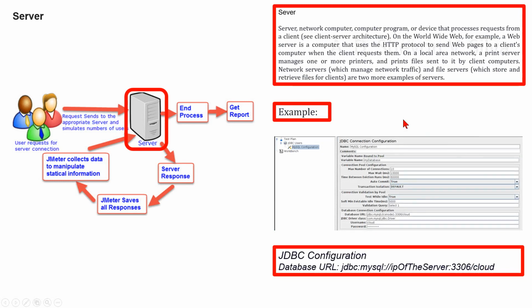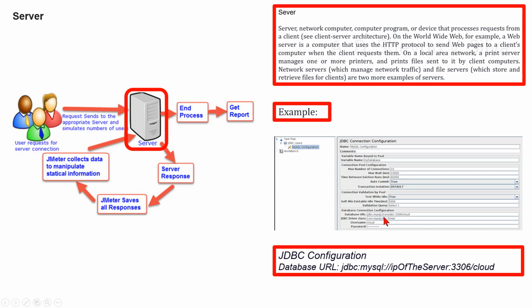As an example, we can consider here JDBC configuration, and you can see here the database URL: jdbc:mysql://.